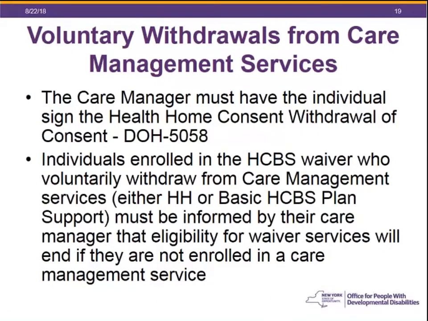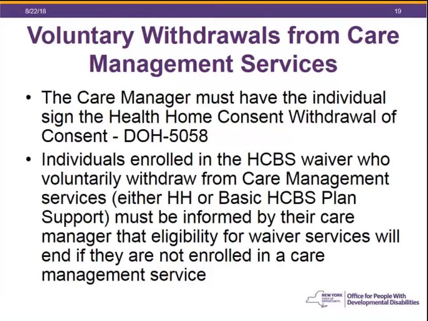So next we'll turn to voluntary withdrawals from care management services. The care manager must have the individual sign the health home consent withdrawal, the DOH 5058. Individuals enrolled in the HCBS waiver who voluntarily withdraw from care management services, either the health home or basic HCBS plan support, must be informed by their care manager that eligibility for waiver services will end if they are not enrolled in a care management service.